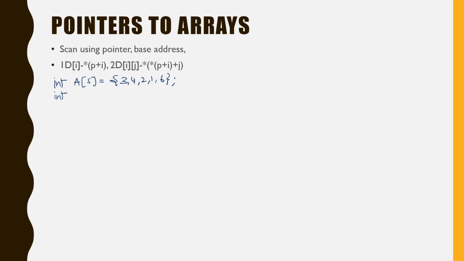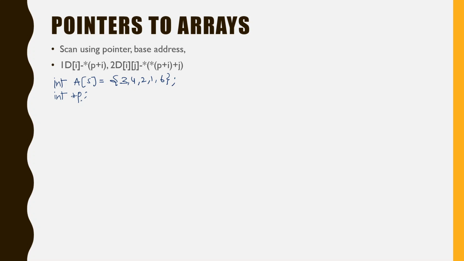Instead of accessing this array through variables or index, we can have an alternative method to access this array with the help of a pointer. Suppose I have a pointer p, and this is the way it can be declared.